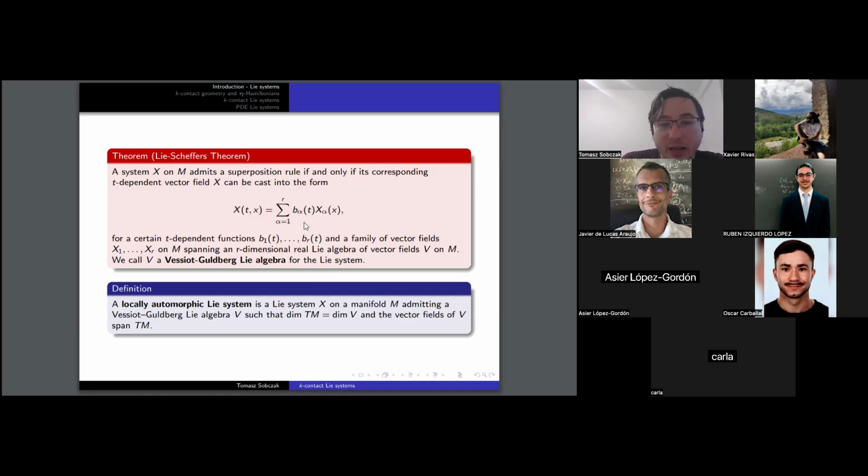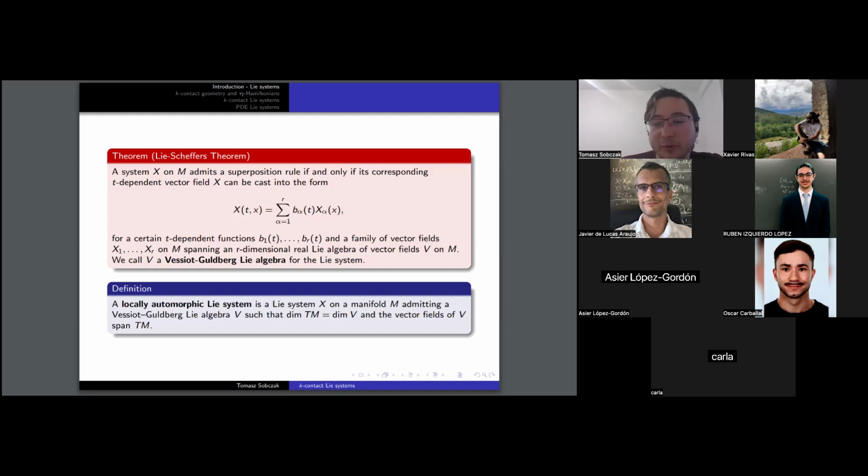The arbitrary time-dependent functions depend only on t, and those vector fields that depend only on the point x span an r-dimensional real Lie algebra. This Lie algebra has its own name: it is called the Vessiot-Guldberg Lie algebra.